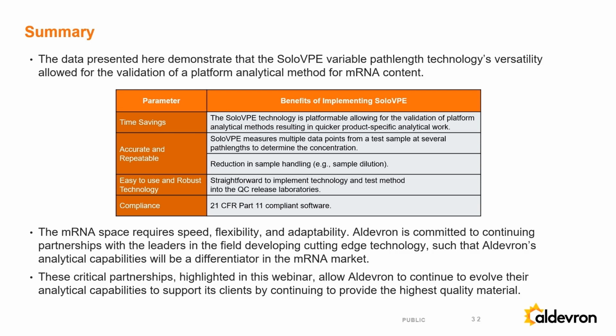And so SoloVPE is an example of something that's very easy to implement into QC release because it's so user-friendly, it's so robust. Some of the data I didn't talk about today that is included in the white paper is several robustness type experiments that we did really to understand how this technology would perform in QC. And it really is remarkable to see how easy it was to implement this technology into the QC release lab.